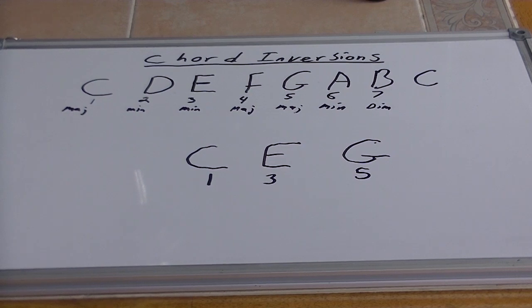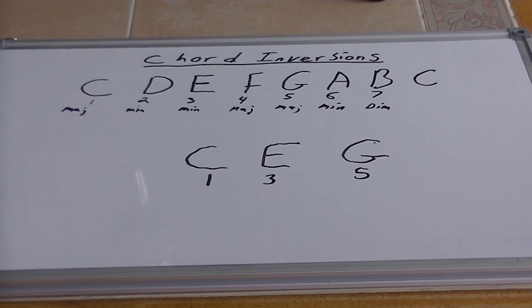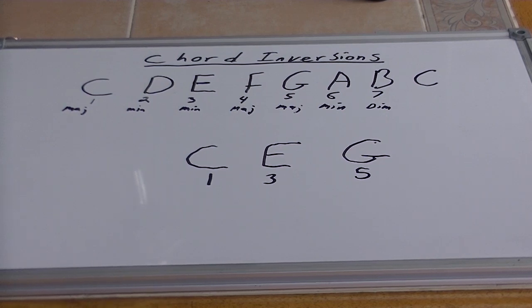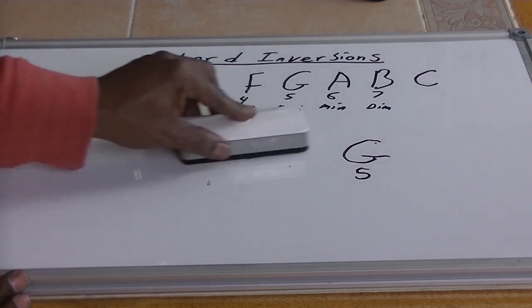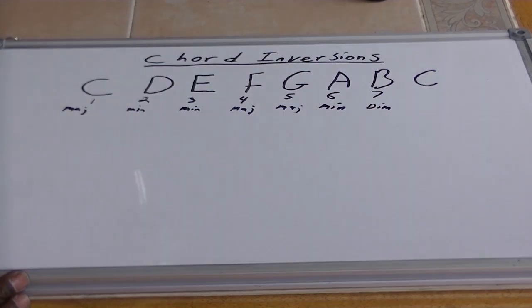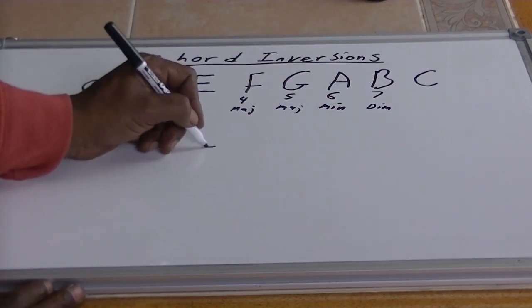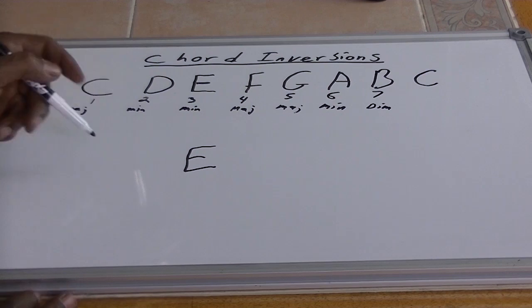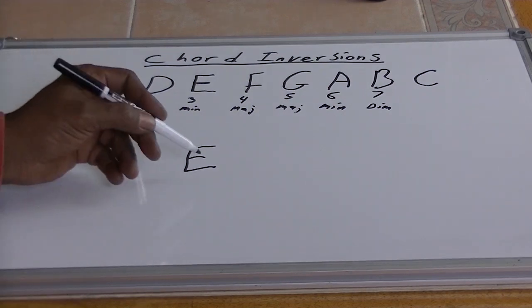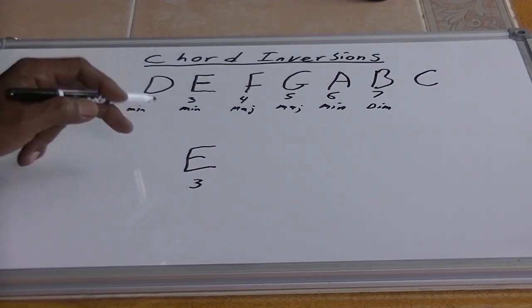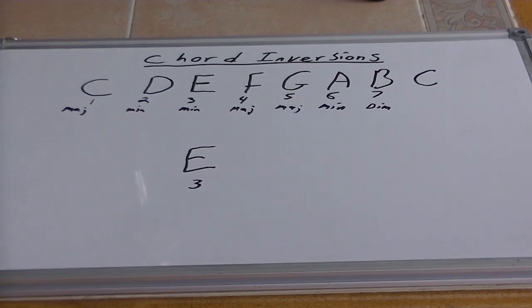However, this is not the only way that we can represent a C chord. What we could do is decide to make the E note the lowest note of the chord. So if we started with E, we would have E as our lowest note, and of course, E is the 3rd note in the scale.